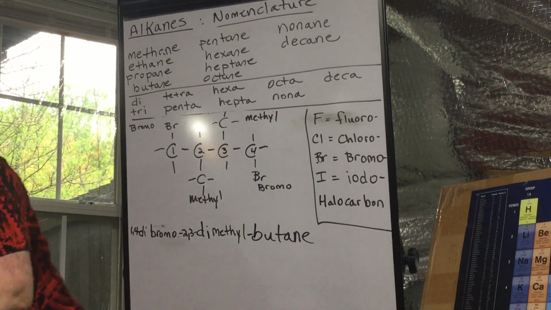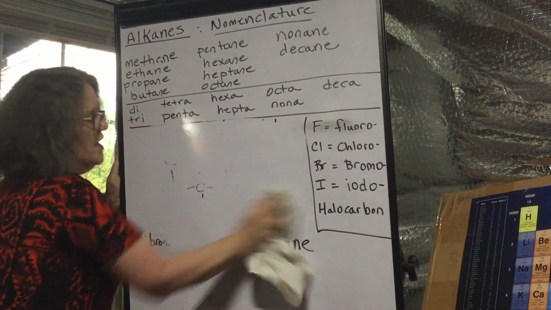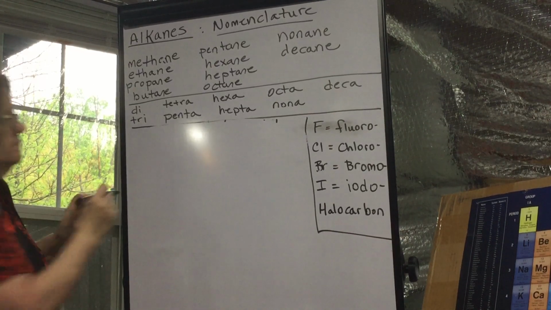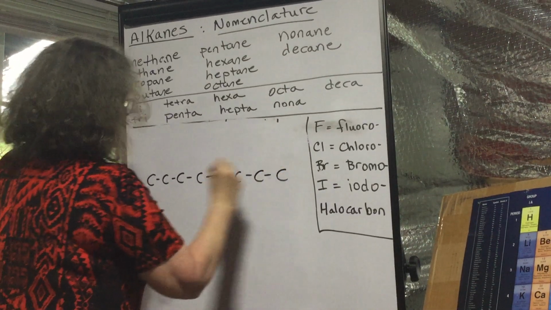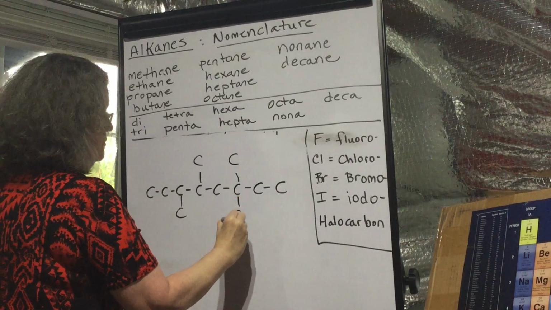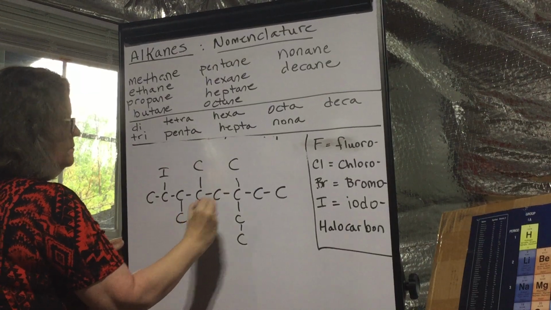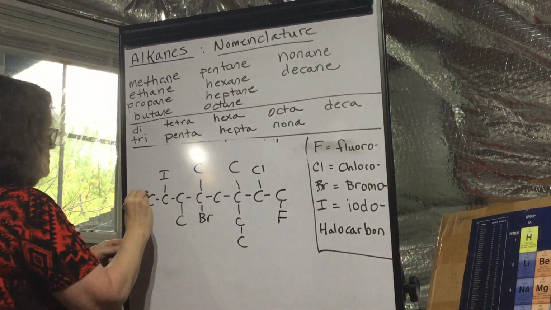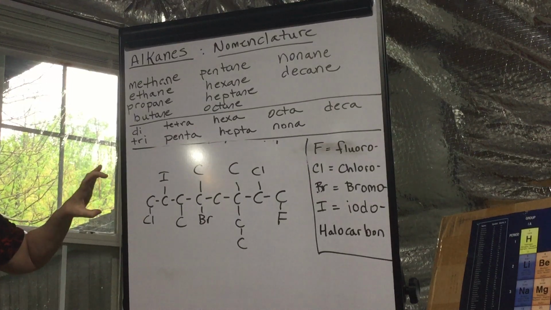Now, let me do one more example here, using all the stuff we've had. We'll put a really complicated molecule on and show you how to name it. Now, this is called a skeletal model.